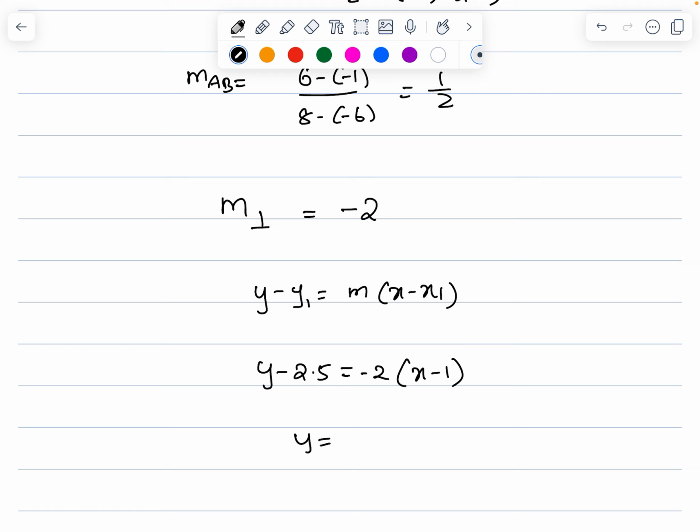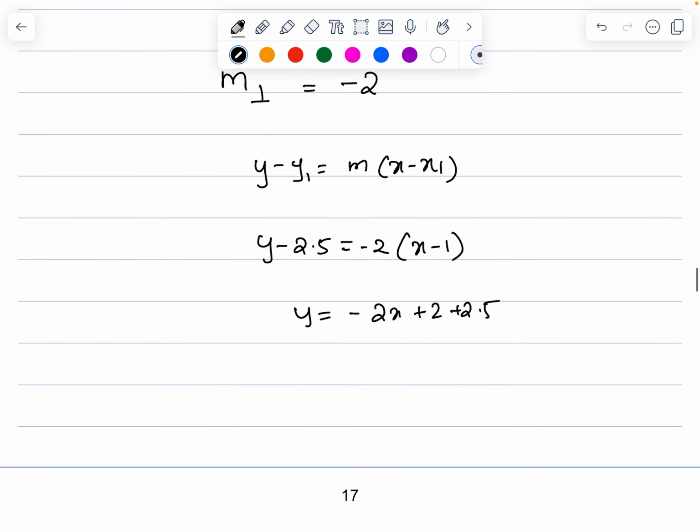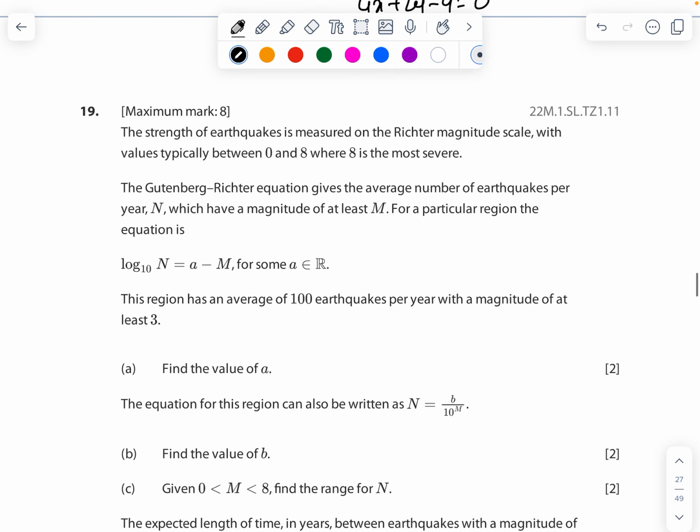So y equals minus 2x plus 2 plus 2.5. So 2x plus y equals 4.5, or else 4x plus 2y equals 9, or 4x plus 2y minus 9 equals 0.